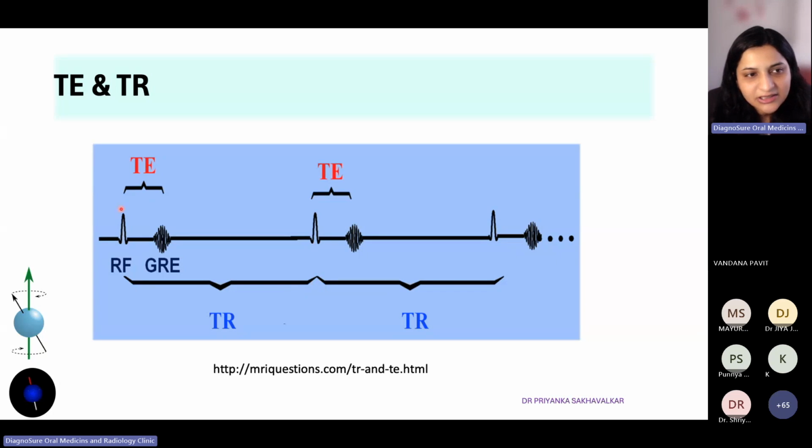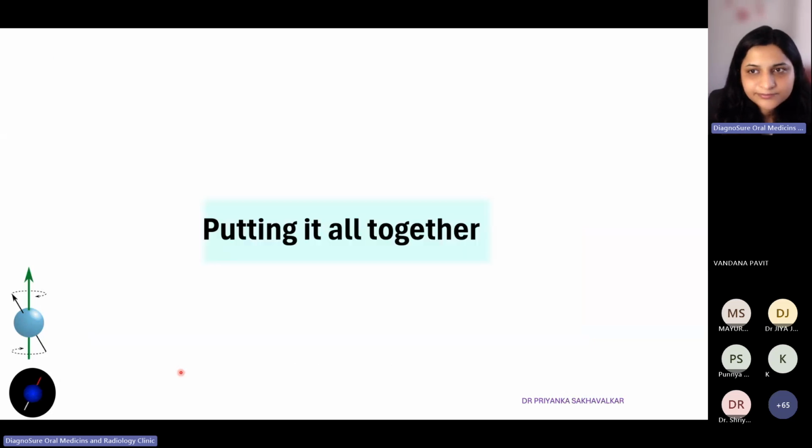So this time is TR. A radio frequency pulse is applied, then it is stopped, and after we hear the echo for the first time, that is TE. Then after some time, when we apply the second radio frequency pulse, the interval between these two radio frequency pulses is TR, or the repetition time.